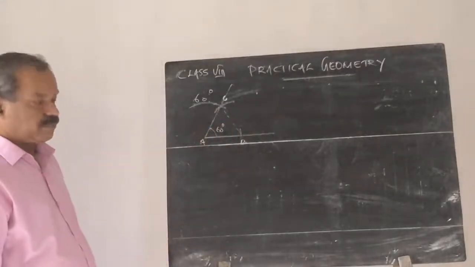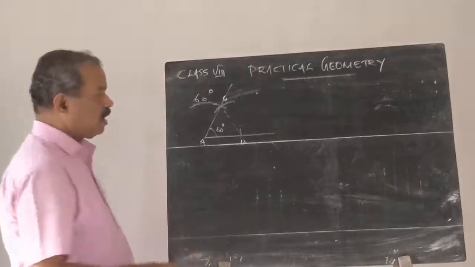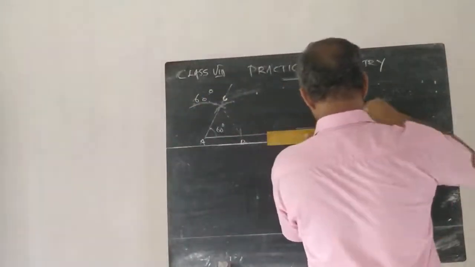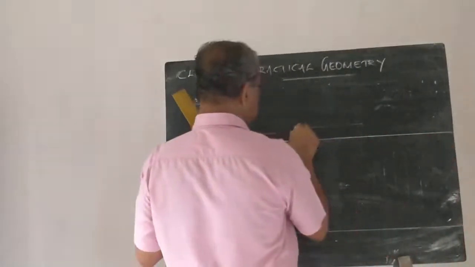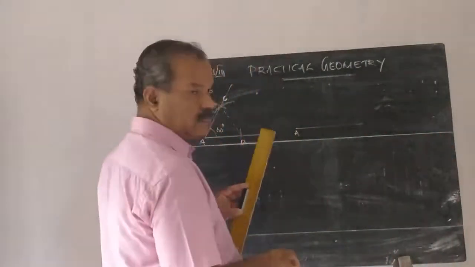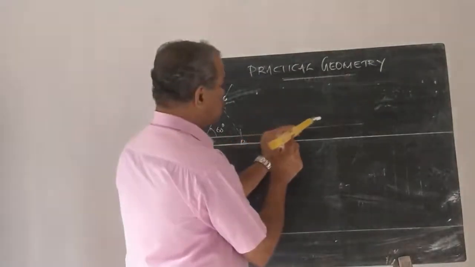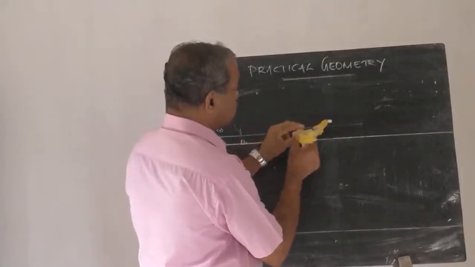So to draw an angle of 60 degrees, first draw a segment and take any convenient distance from A, and draw an arc.